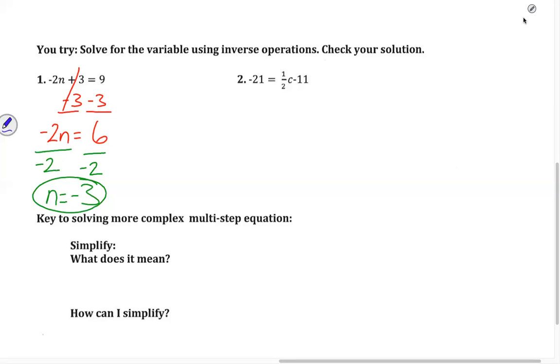All right. Who else? Who else is on that Zoom? Olivia. Olivia, are you there? Yeah, Olivia, what do I want to get rid of first in number 2?